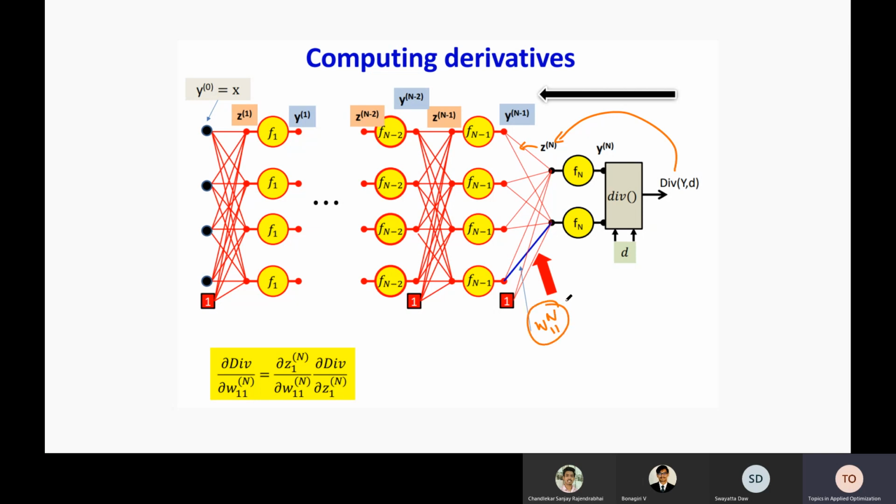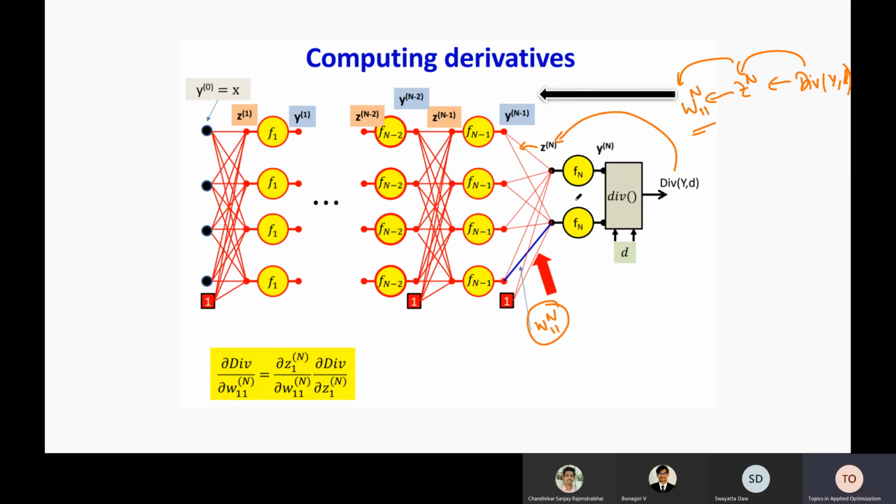Okay, so now the dependencies are: the divergence of Yd depends on Zn, and Zn depends on Wn11. So if I want to compute the derivative of the loss with respect to W, then I will go in a two-step process like this, and that is what is done here. So the derivative of the loss with respect to Z1n.